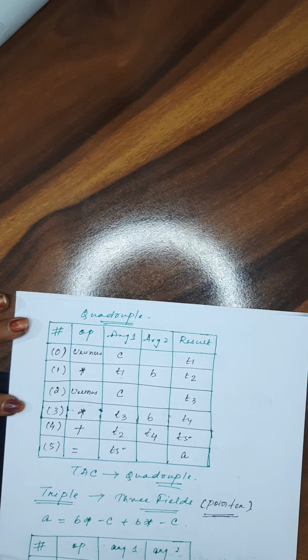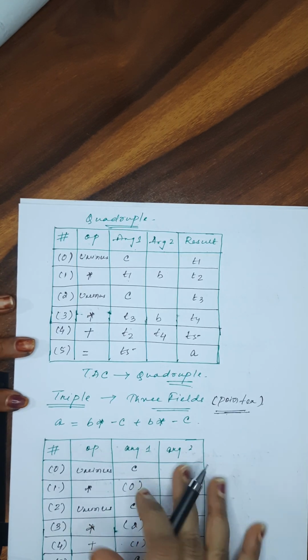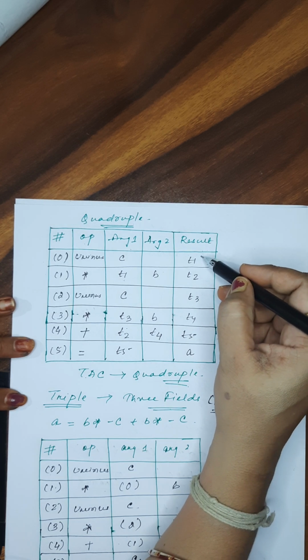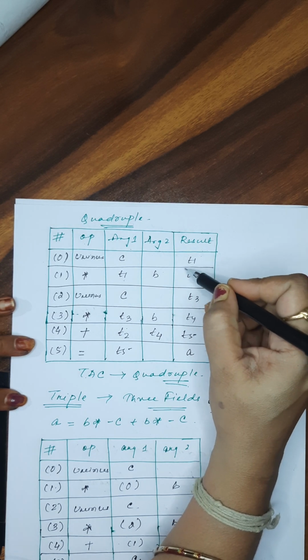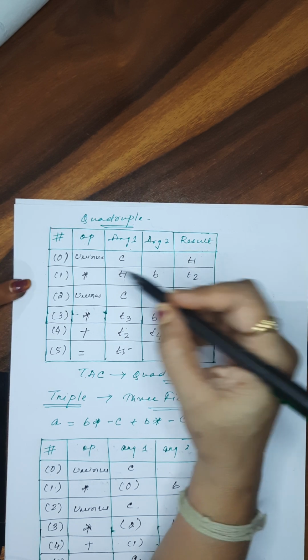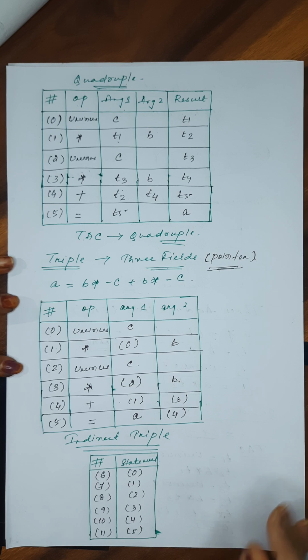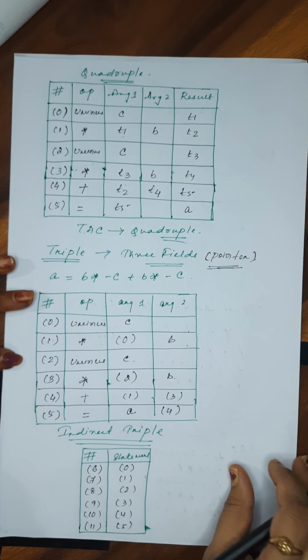Okay. Then comes the triple. Do the same thing, but you have to eliminate the result column and store the things that were stored in the temporary register in the line number. Okay. And in indirect triple, we will use both the line numbers. Okay. One thing here is very important to remember.